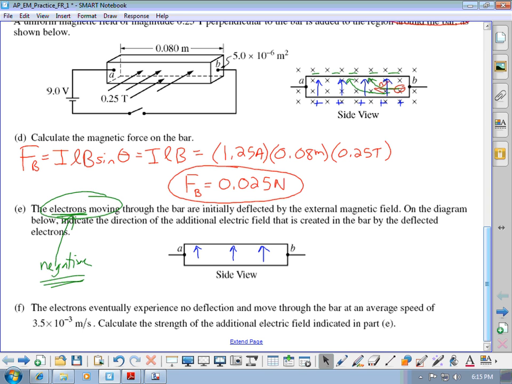The other way of answering that was recognizing that at first those electrons are going to be deflected upwards, and so then some negative charge is going to build up along the top. But now those negative charges that are there are going to start repelling other electrons. But they're not going to repel them downward. They're going to push on them just hard enough so that the electrons are going to move through undeflected.